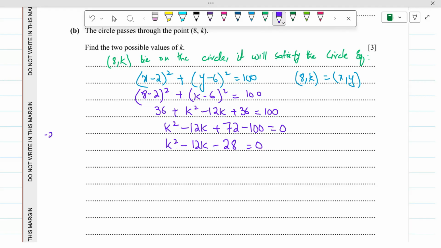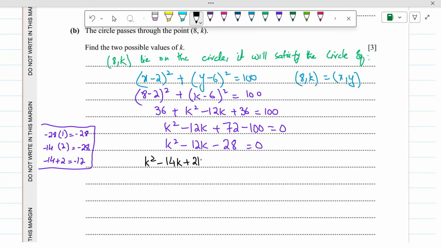For example, −14 times 2 is −28, and when we add −14 plus 2 we get −12. So this equation can be written as k² − 14k + 2k − 28 = 0.